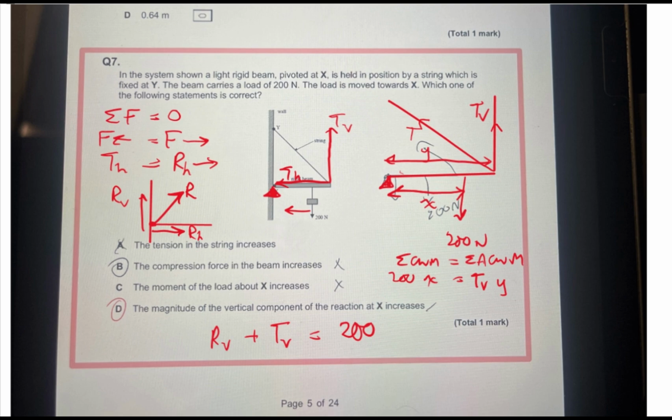If the 200 was at the middle of the beam, RV and TV would be equal because they're equal distance apart from the weight. But as it's moving towards the pivot, RV is going to have to support more of the 200 than TV. Okay, so therefore RV increases, and that's why the answer is D and not B.